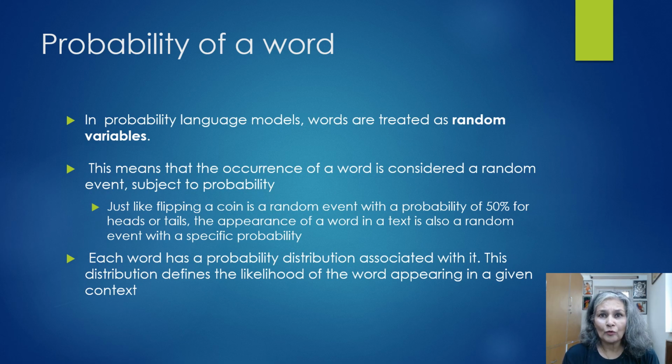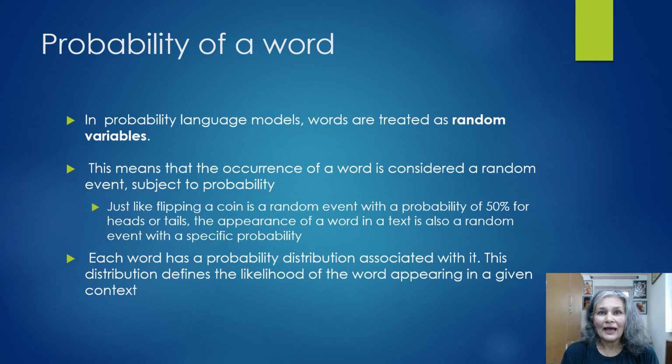And if it's a fair coin, there is a 50% probability that you will get heads and a 50% probability that you will get tails. Similarly, the words in a language model are also considered to be random events with a specific probability. Don't panic. I am now going to be explaining to you how all that happens. But bear with me because this is the fundamental concept.